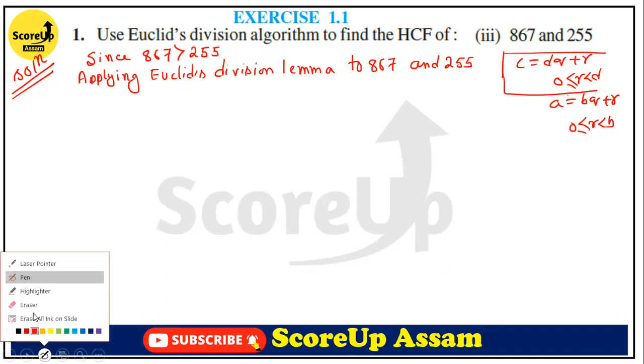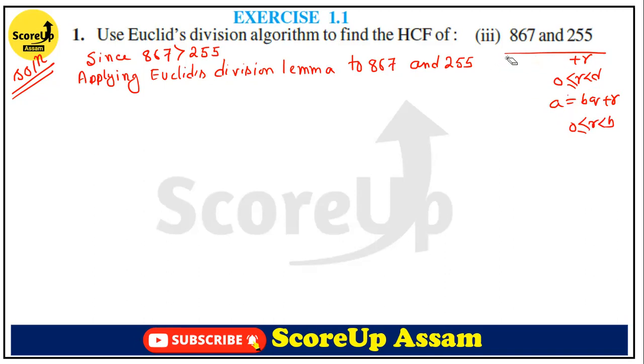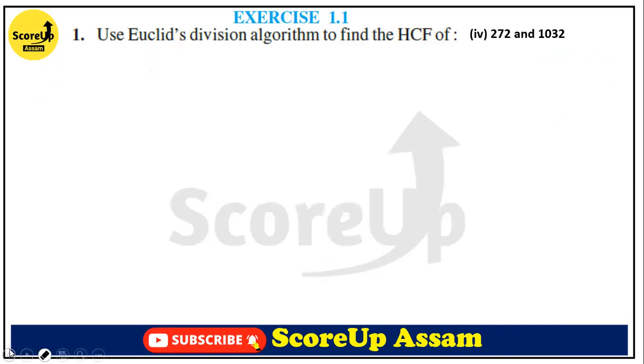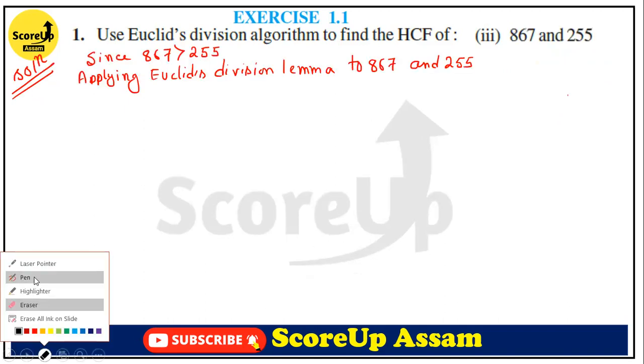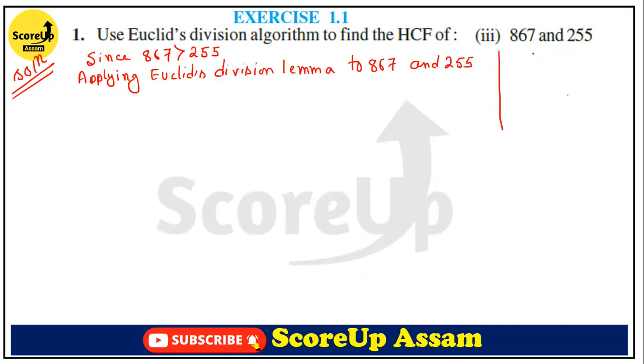let's divide it. So how to solve? You have to draw a line like this on this side. So divide 867 by 255.